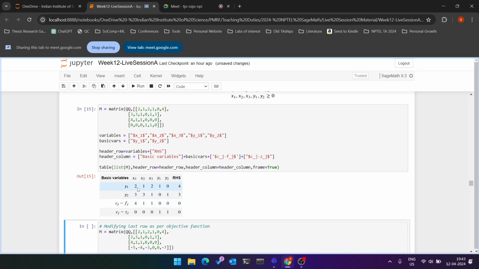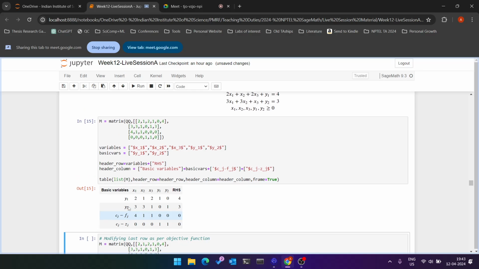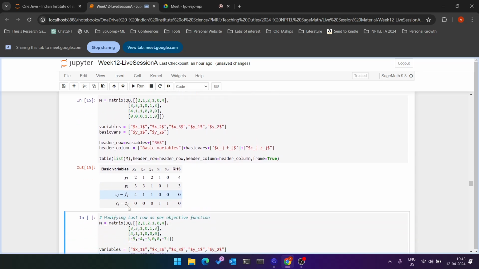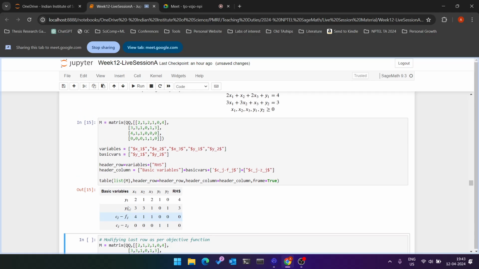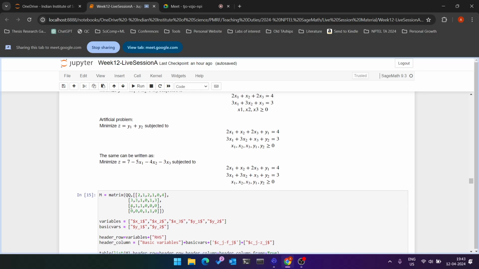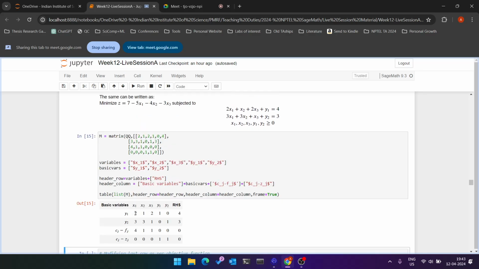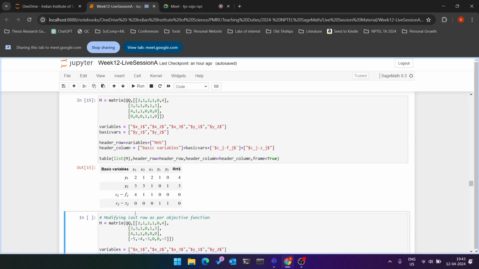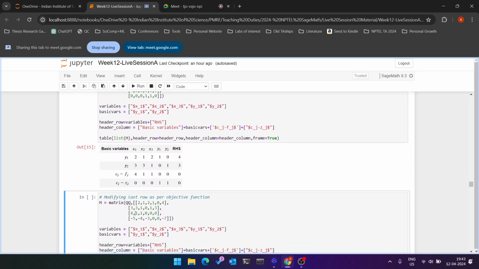So this is how it looks. Cj minus fj refers to my original function which I have to optimize, whereas Cj minus zj refers to my artificial cost function to be optimized.